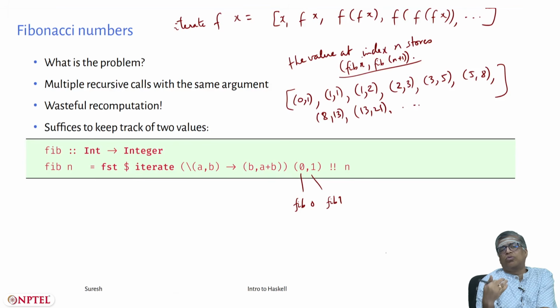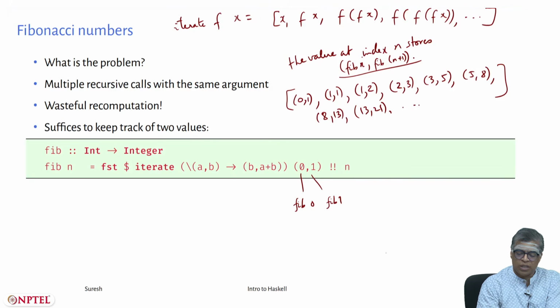So if I want to return fib of n, I will just generate this list, go to the nth element, pick the element at index n, and then that is the pair fib of n and fib of n plus 1. So I will take the first part of the pair. That is exactly what this program is doing, and as usual, laziness, right.